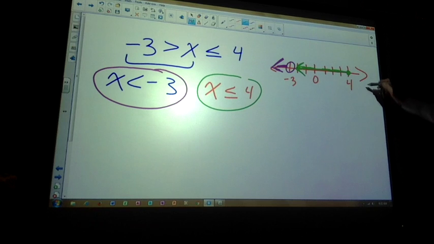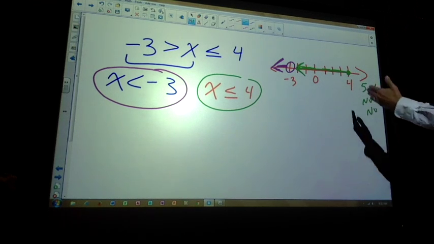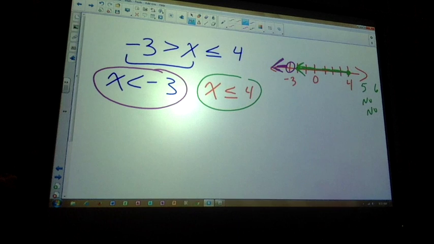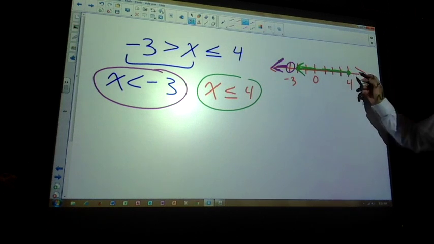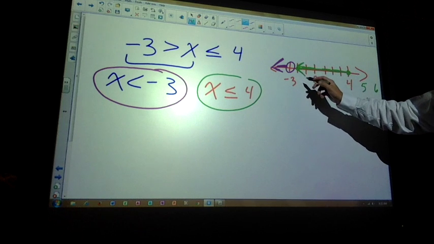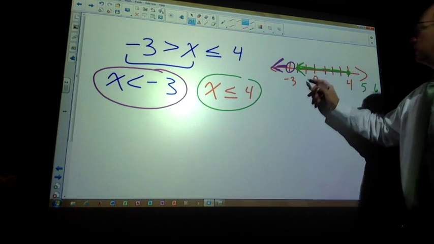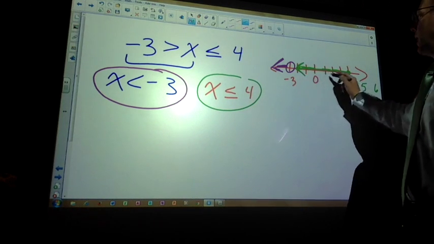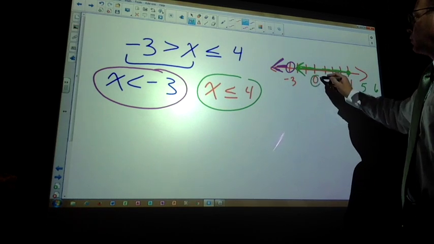So let's figure out where they both work. What happens if I plug 5 or 6 in? Neither works. I get no. Agree? So anything this way is not even thought about. Now let's try this one.